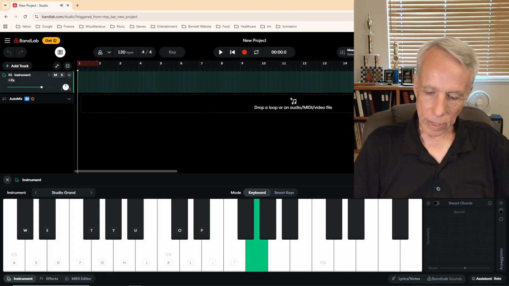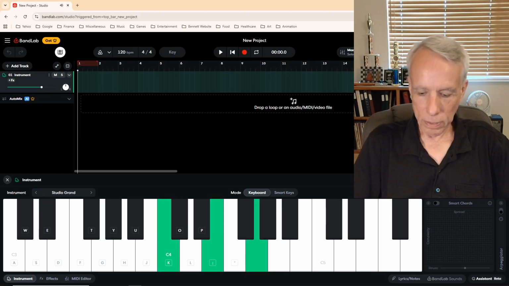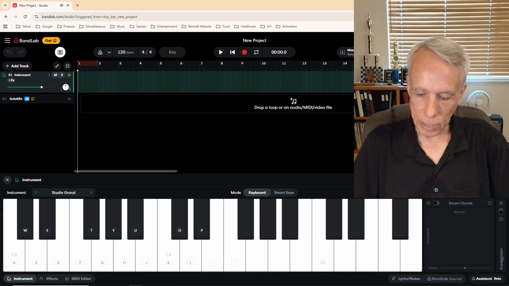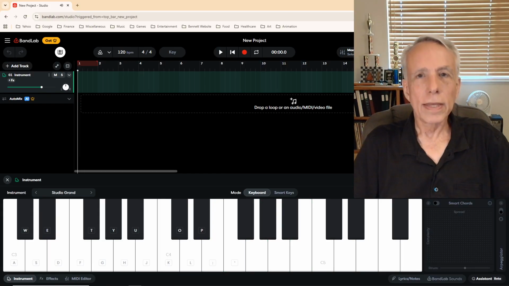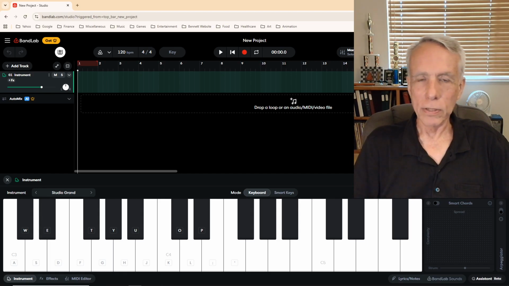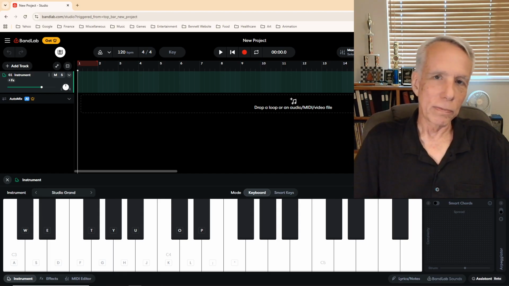So a note like G could be harmonized with the C chord, or with the G chord, or even with the E minor chord. So this choice gives you a lot of variety, and you can choose to mostly harmonize using major chords to give the song a certain feel, or you can harmonize using mostly minor chords to give it a different feel.